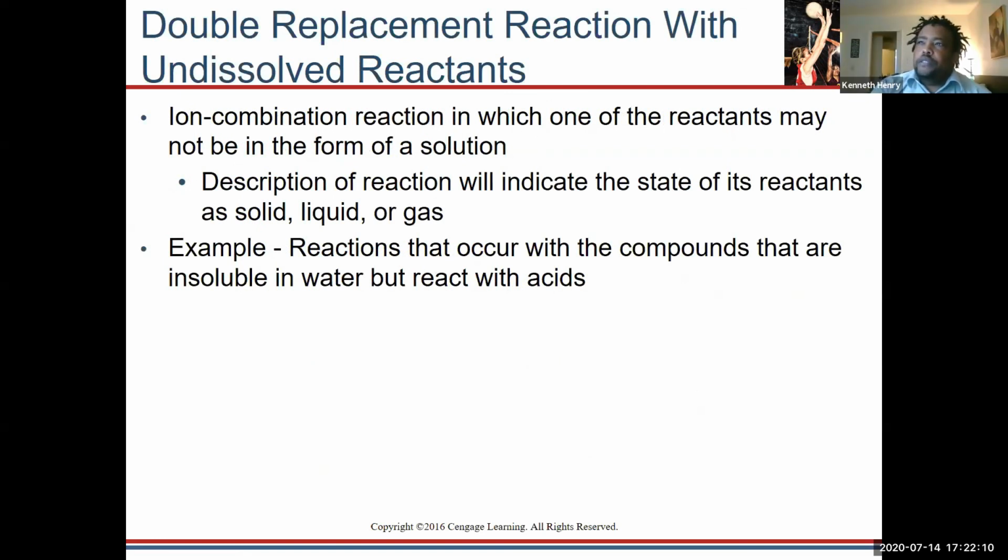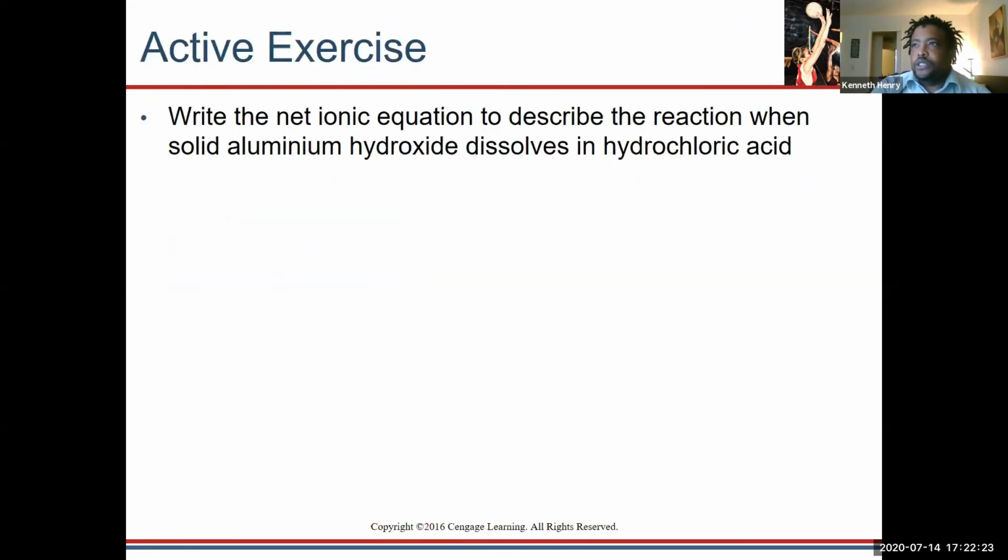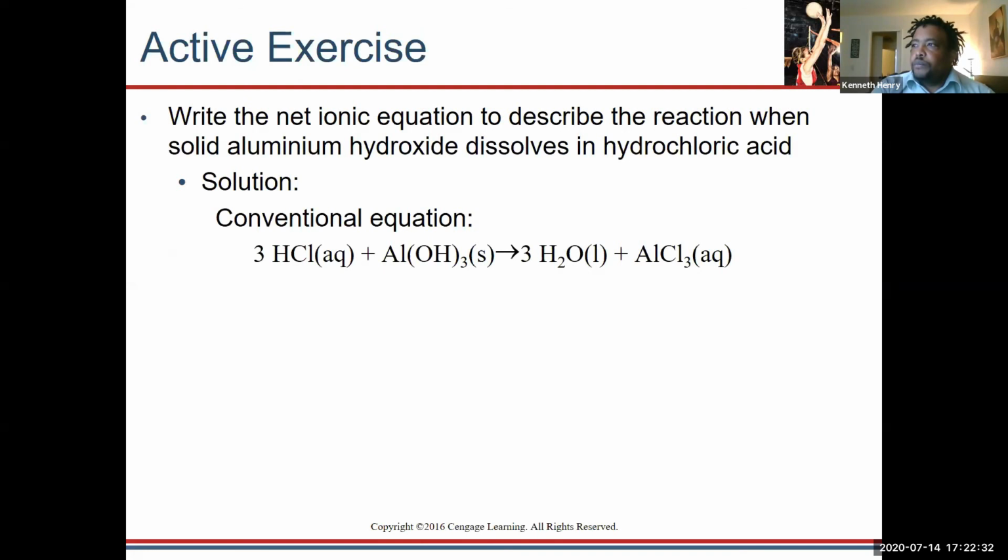Okay, so when we have a case where we have something that isn't dissolvable, so we have a solid and a solid, and I think we kind of talked about this already, this would be our conventional equation.